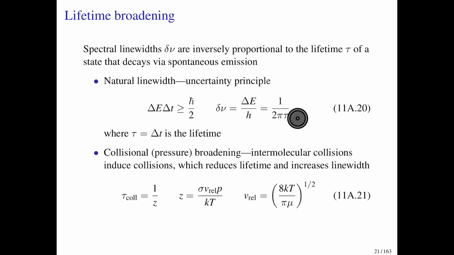So as the lifetime of the excited state increases, the longer that excited state hangs around, the narrower the peak. Conversely, if you have a state that has a very short lifetime, then the width of the peak is going to be very large. Anyway, so natural line width refers to the minimum uncertainty, the minimum line width for a given peak.